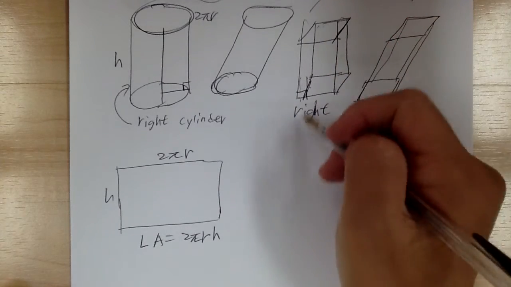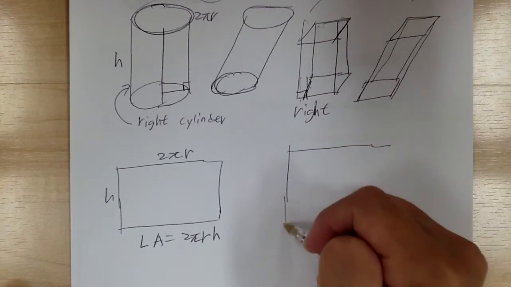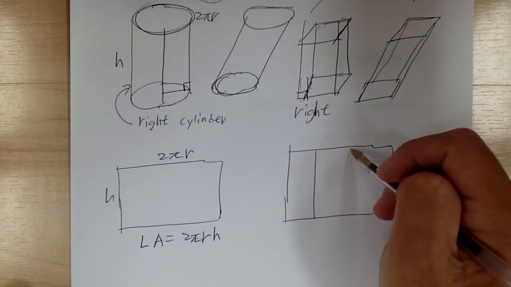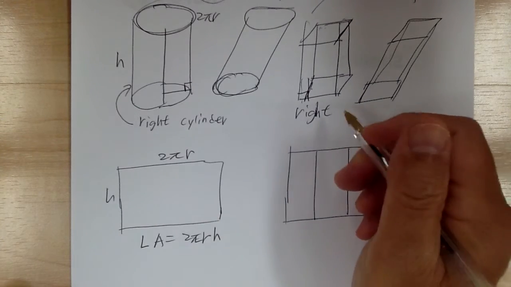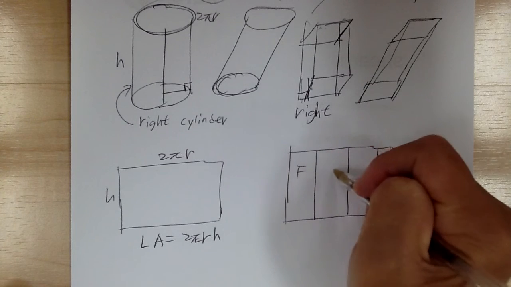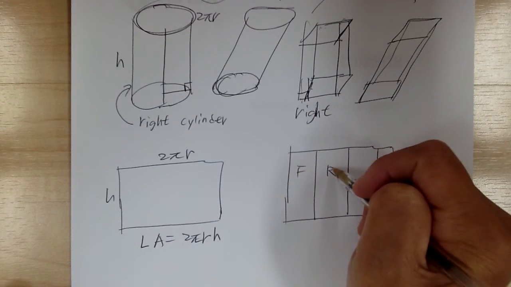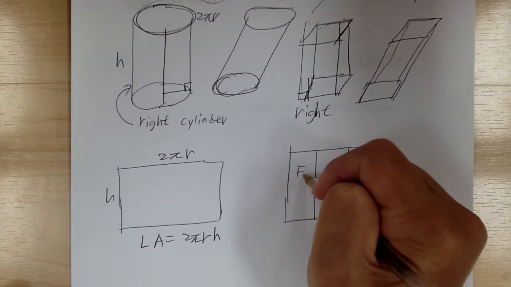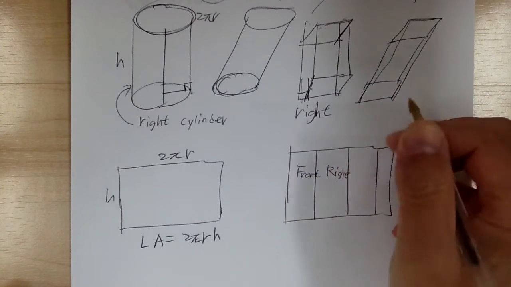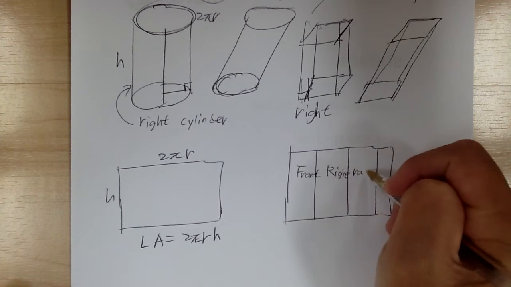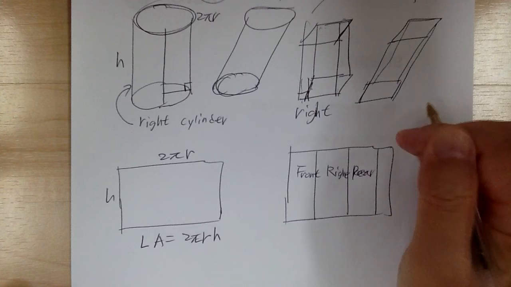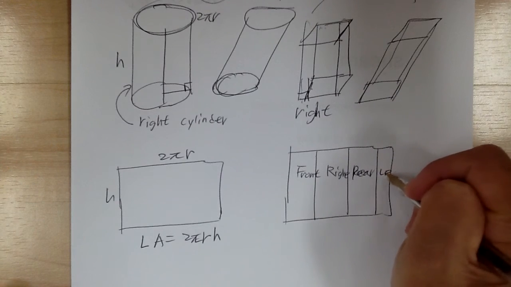Whereas over here, again, if you open it up, you're going to have the front, the right side, the rear, and the left side.